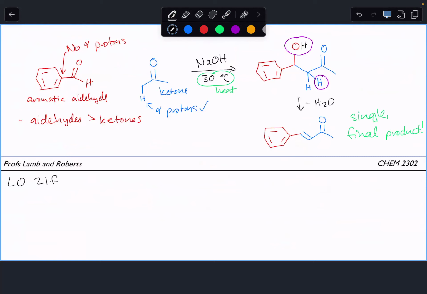So now we need to identify when LDA is necessary for a mixed aldol reaction. Essentially, if we can't do it with hydroxide, then LDA is our solution.